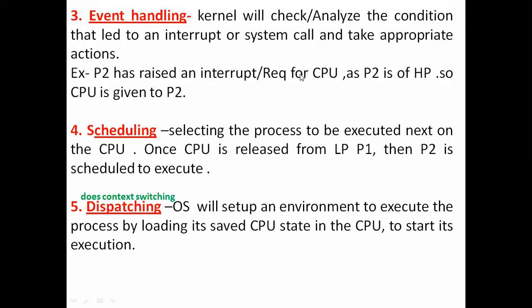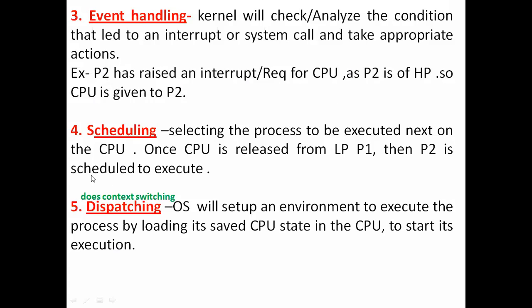So the request for the CPU is there, right? As P2 is of high priority, the CPU is given to the second process P2 from the first process P1 of low priority. Here the main reason that led to the generation of the interrupt is the occurrence of the second process. So this can be called event handling.